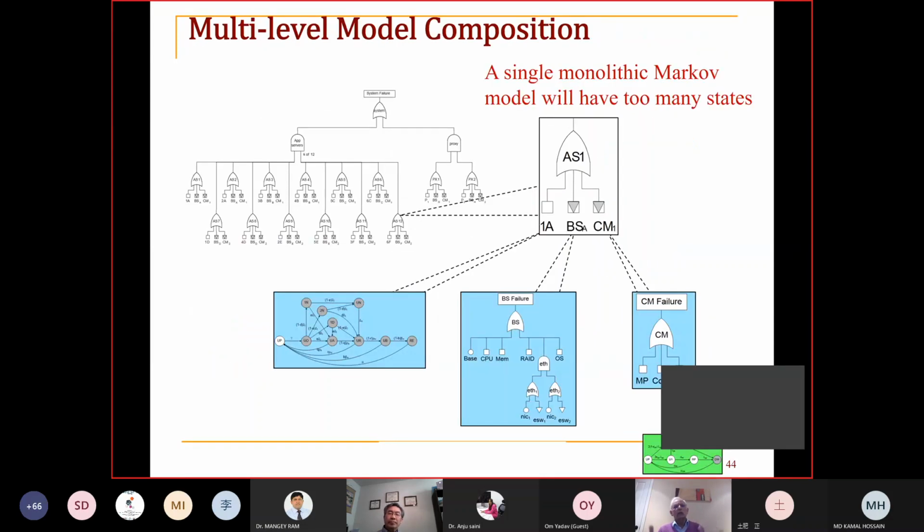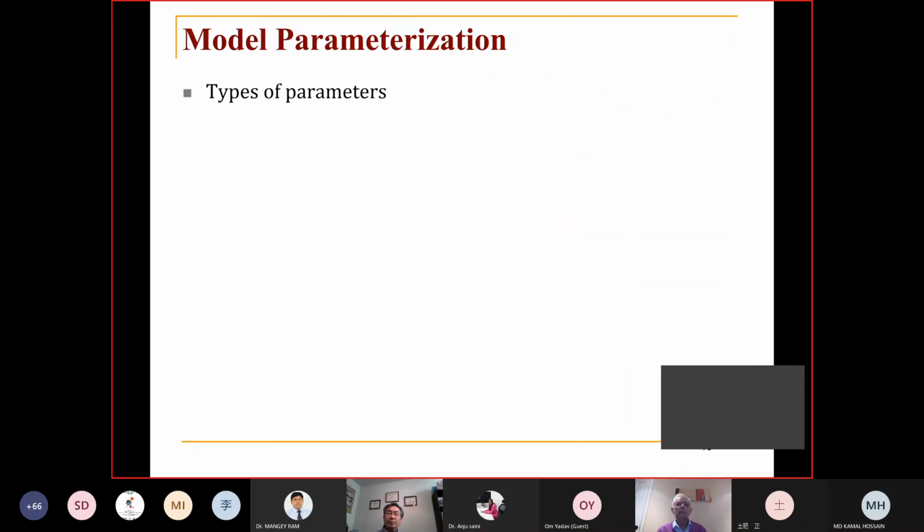And so this is a cartoon of the whole structure, the hierarchy of models. This model is solved separately and the results are passed up the chain, etc. All this is possible within the same single file within SHARPE.